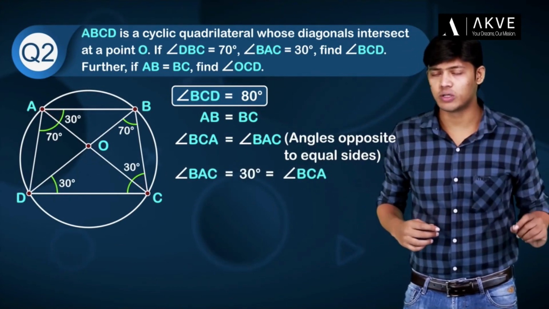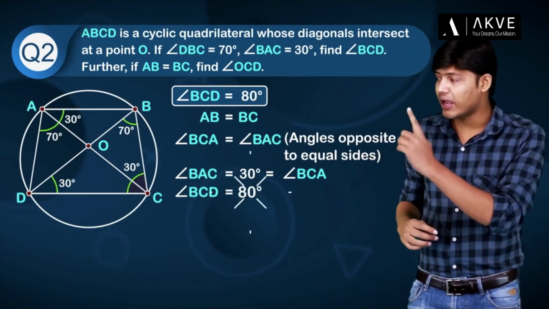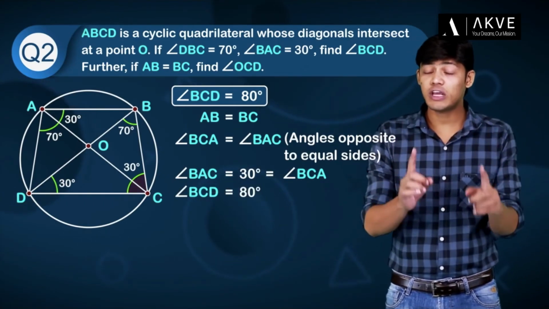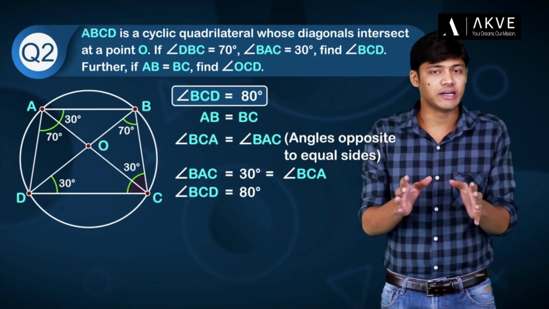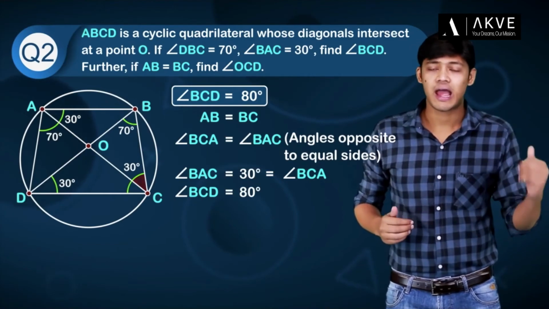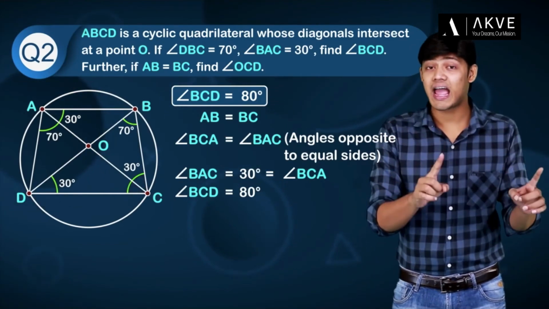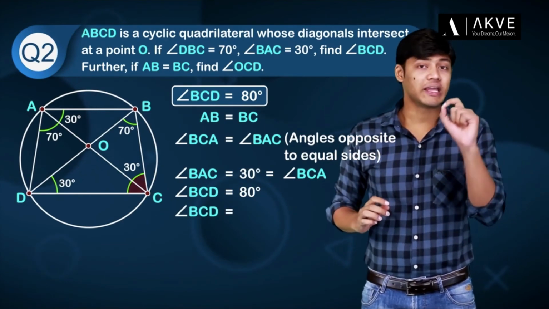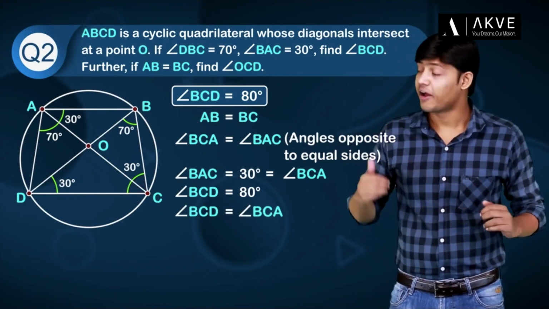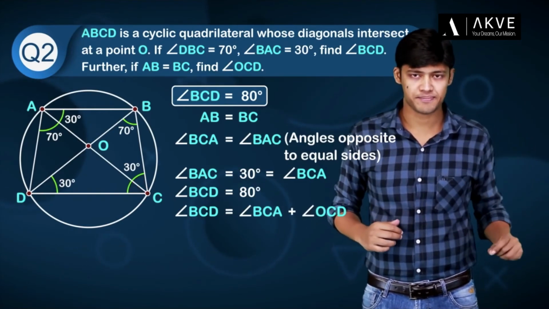And we just found that the angle BCD is equal to 80 degrees. And we know that the angle BCD is the sum of the angles BCA and OCD.